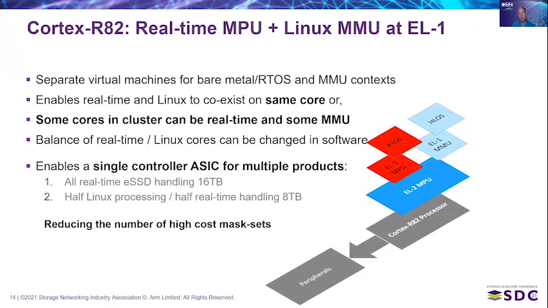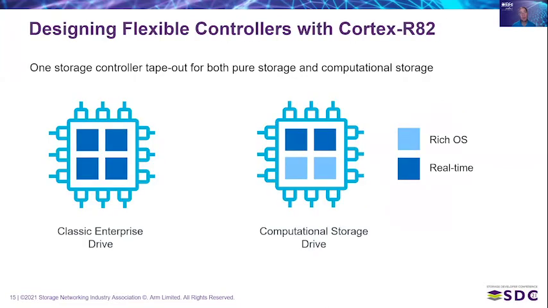The latencies have been optimized to enable that transition. And while that is very interesting, I think that many folks are going to find it more straightforward to simply allocate a core for MMU or MPU, depending upon the function that's required at that time. But the bottom line is, with that flexibility, you can reduce the number of high-cost mask sets and develop multiple products using one controller, and actually be able to transition back and forth between those different products.